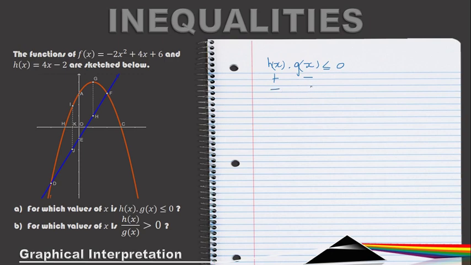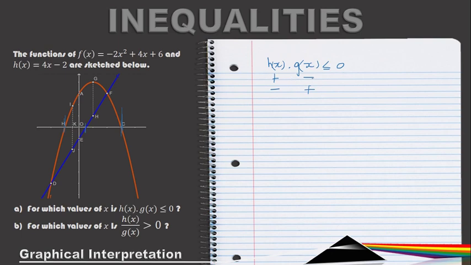When this one is negative, this one needs to be positive. This will give me a negative value. So for example, if h(x) lies above the x-axis, then g(x) needs to lie below it. So the points that we're going to focus on are where they cross over to positive or negative.